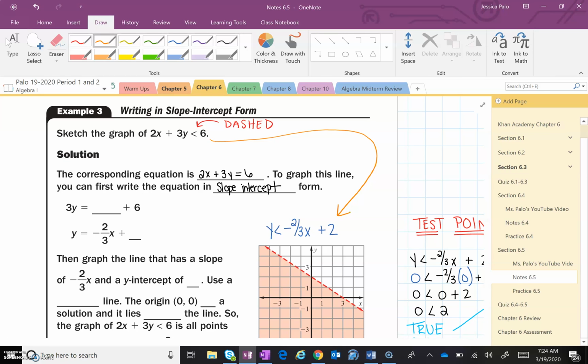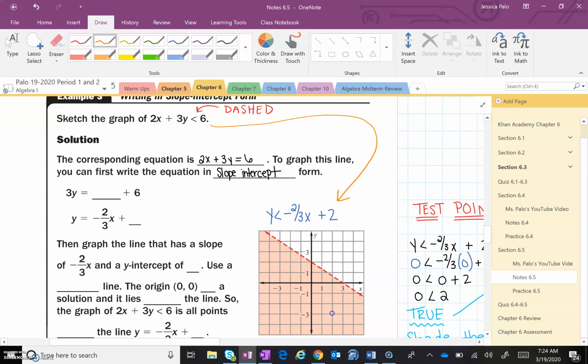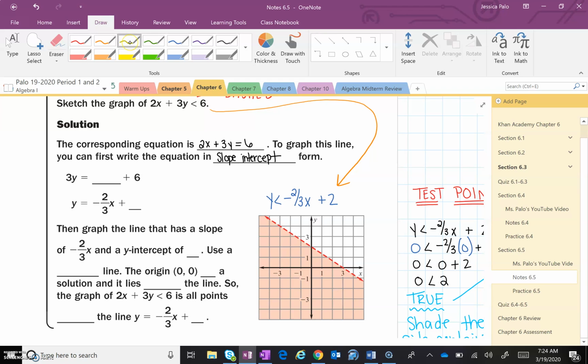So we are going to graph this inequality in slope-intercept form. First, by graphing the y-intercept, 2. Then we are going to go down 2 and over 3. I can't go down and to the right anymore, so I'm going to try going up and to the left. Remember, you always want to make as many points as possible so that you can have a nice straight line.